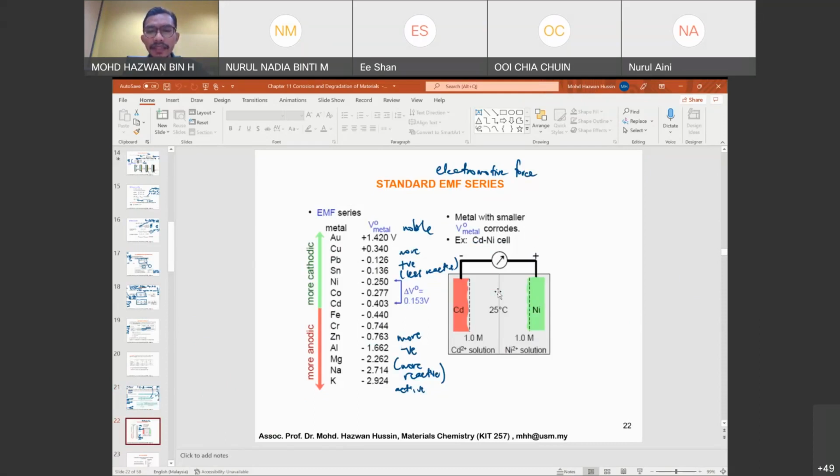Please remember that the more negative the value of the potential, the more reactive the metal is and the more easily it can be oxidized. Meanwhile, if the standard potential is more positive, the metal is less reactive and tends to become reduced, or become the cathode.